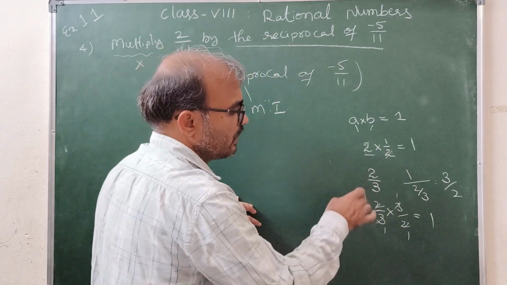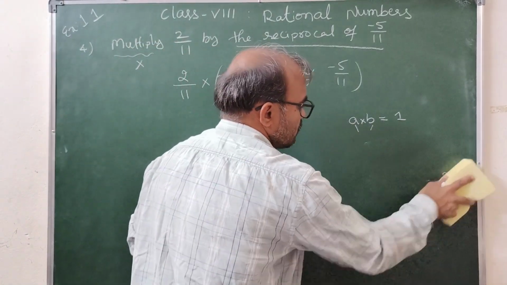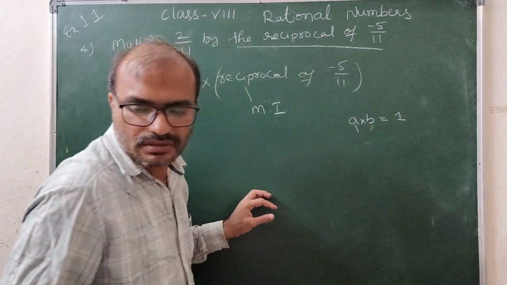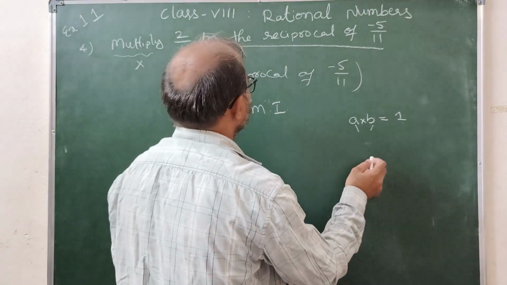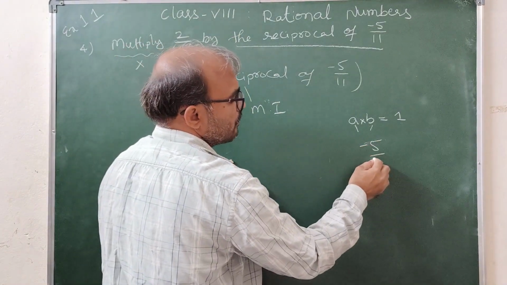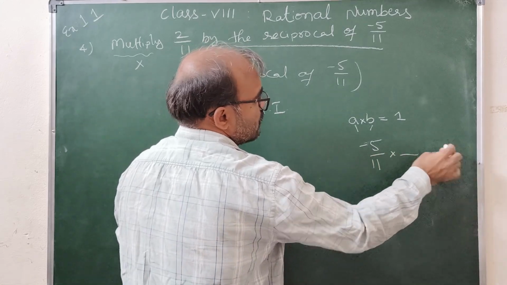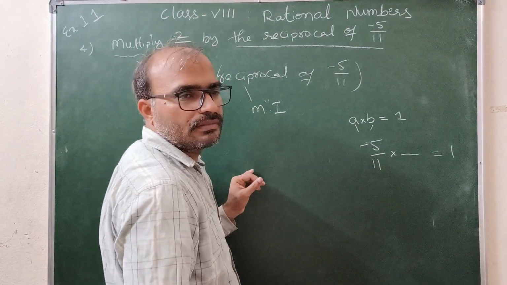If you have a negative number, the reciprocal will also be negative, like here, as given in the question, minus 5 by 11. Into what number is 1? The product should be positive.